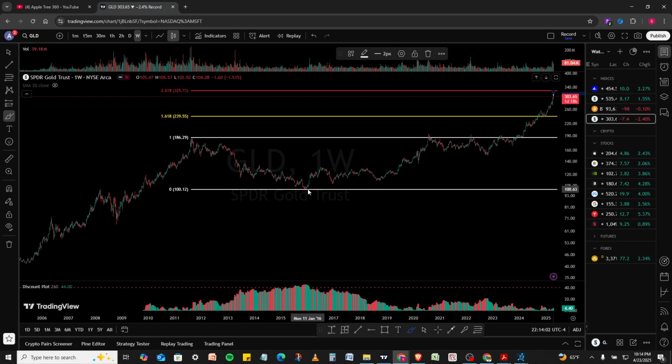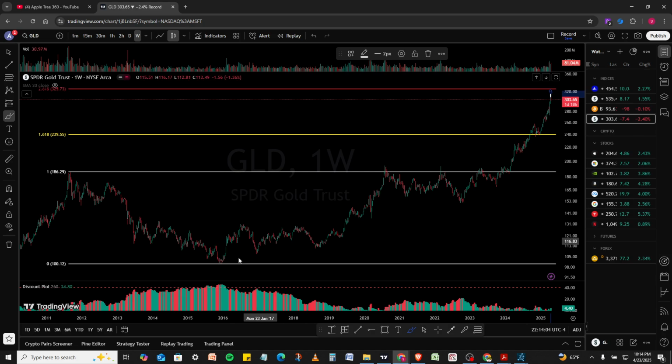If you also look at this whole move from 100 to 320, from the low point of November 2015 to the high point that's happening in the market this week, 300 and more, it's again a 3x move. Whenever we see such a large move in gold, it calls for a good amount of price correction and time correction.